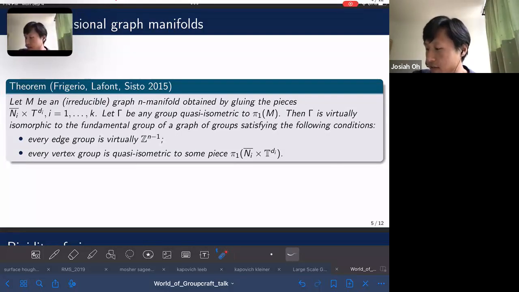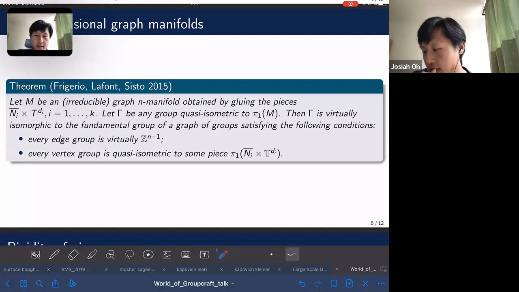So gamma is virtually, here you see virtually again, so pass to some finite index subgroup, and you get something that's isomorphic to the fundamental group of a graph of groups satisfying the following conditions. The edge groups are virtually free abelian groups of rank n minus 1, and the vertex groups are quasi-isometric to the fundamental group of some piece.